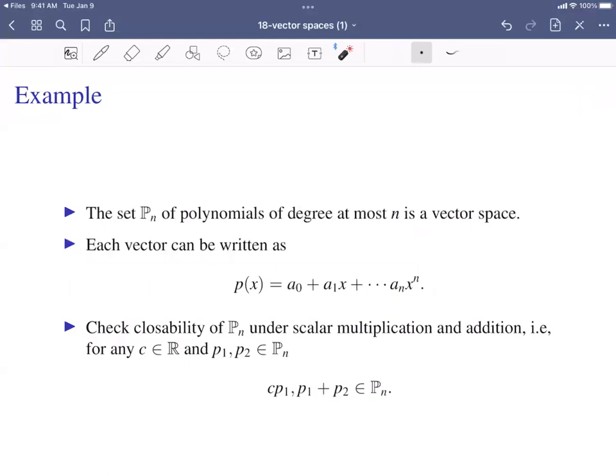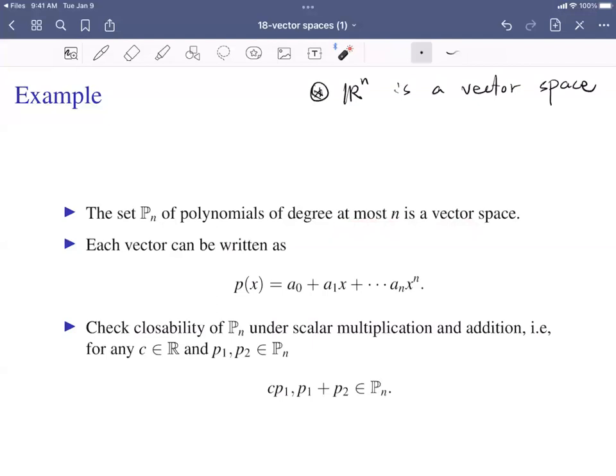Another, less typical example. The previous example, Rn, is a typical example of a vector space. Now, another example, less typical, is that the set Pn of polynomials of degree at most n is a vector space.